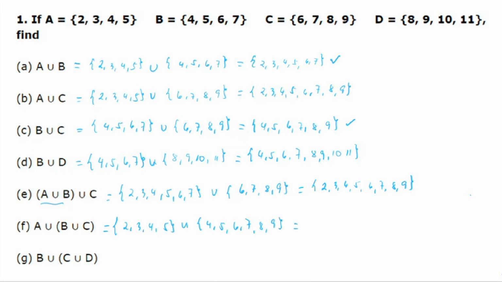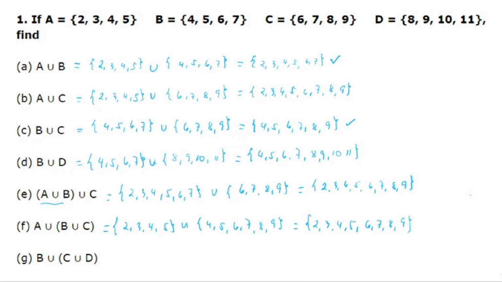Combining this as A union the quantity of B union C, the set is composed of 2, 3, 4, 5. 4 and 5 are already present in set A, so no need to write them again. The remaining elements are 6 up to 9, so 6, 7, 8, 9. As you can see, for examples E and F we have the same answer. It's because we can use the associative property.